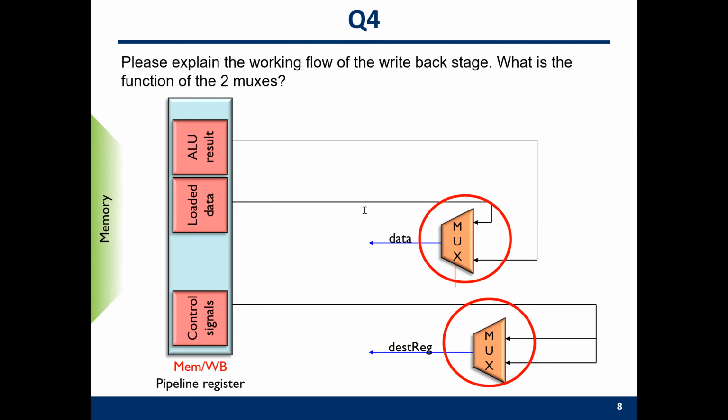So remember that laundry example. Assume that each stage costs you 10 nanoseconds. You have a 5-stage pipeline.